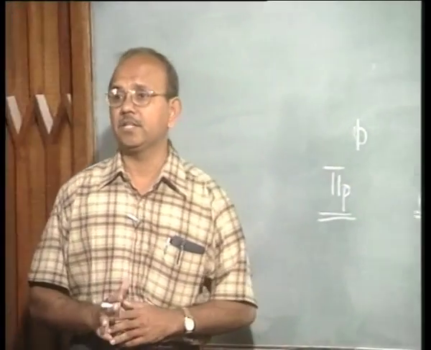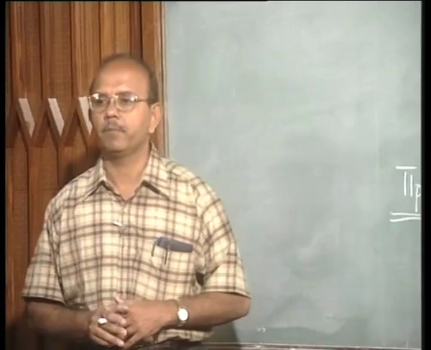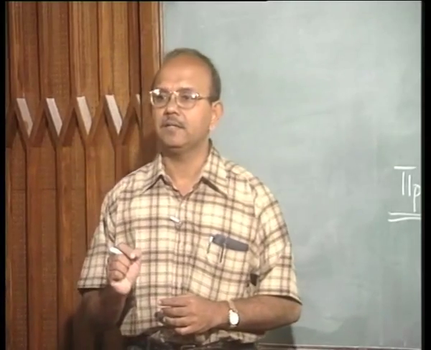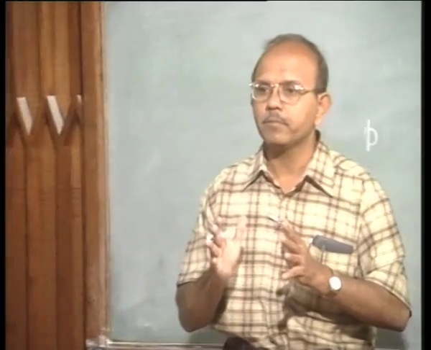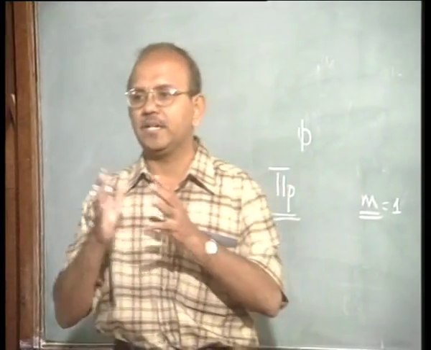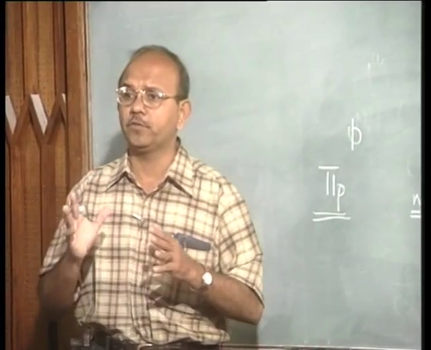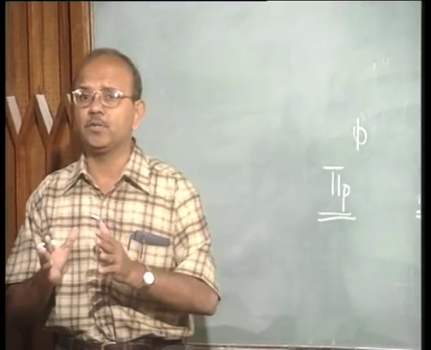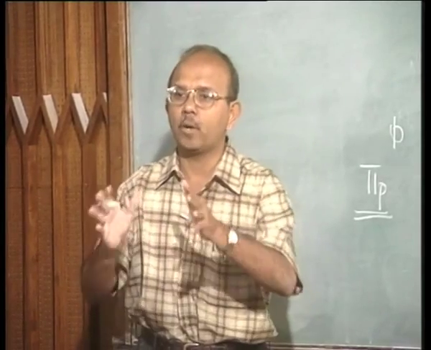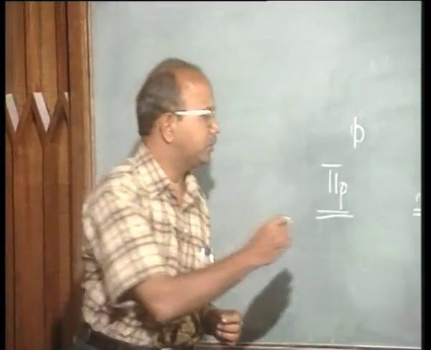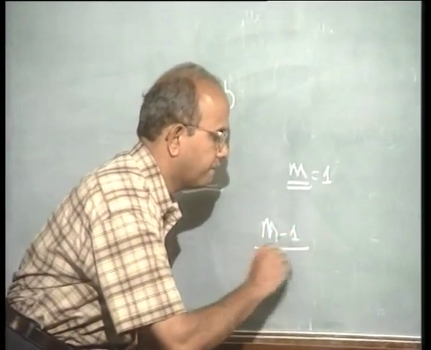The next condition that I am going to put forward comes from my jumps. The next condition is that the discontinuity across elements should be limited, or it should be at least continuous, let me put it like that. The interpolation function which I am going to choose should be continuous at least up to m minus 1.